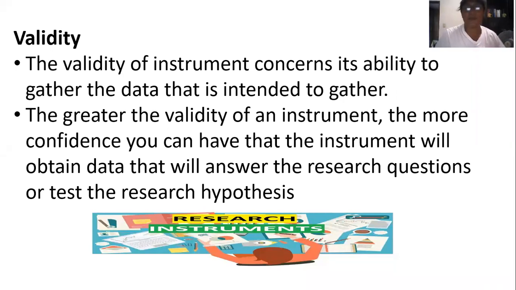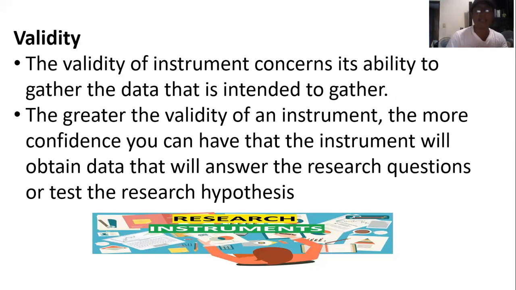Okay, so let's focus on validity. Now, validity of instrument is concerned with its ability to gather the data that is intended to gather. So I repeat, validity is concerned with its ability to gather the data that is intended to gather.